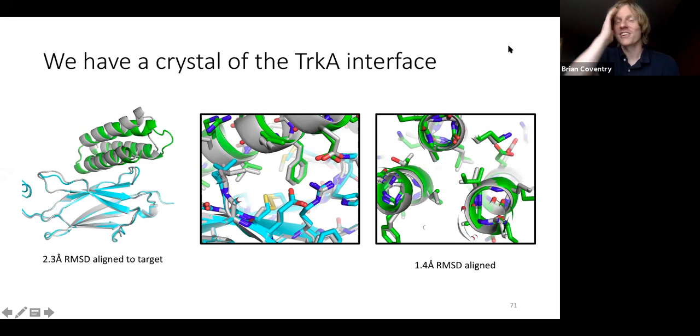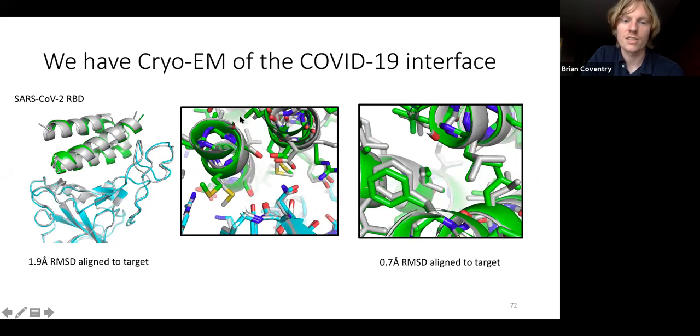Well, the answer is that, first of all, this binder kind of fell apart when it bound, so it's not the best example. Although the interface isn't super accurate, the designed binder is. And so here comes the COVID binder crystal, which has been out for a while.